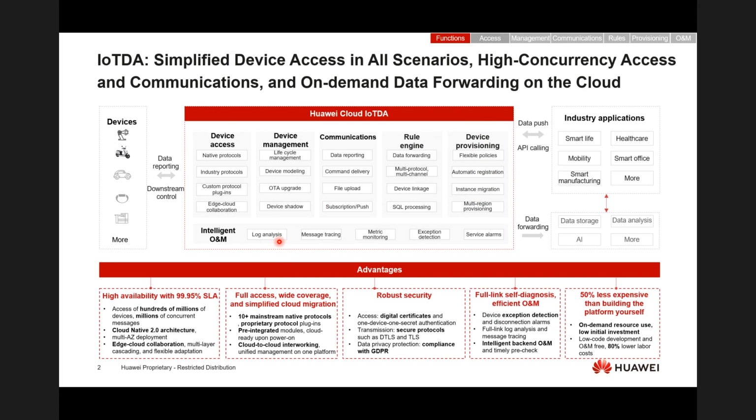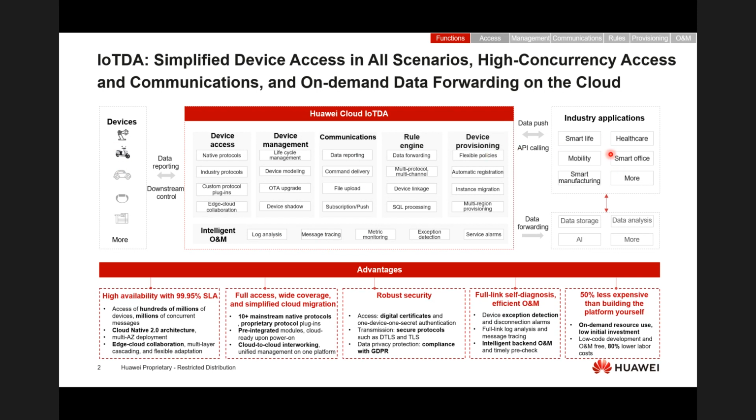So you just need some basic configuration within IoTDA, and then your logs will be stored on the cloud automatically. When you are at work, maybe at 9 a.m., you can analyze the logs. Message tracing is like you can trace all the messages, the whole life cycle of the device, from the device to the applications.